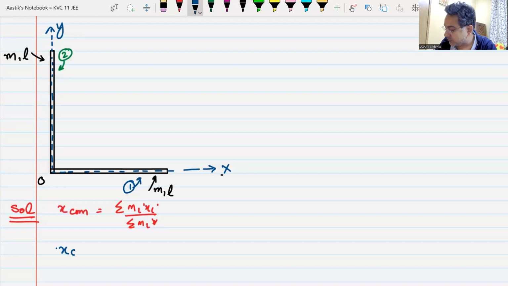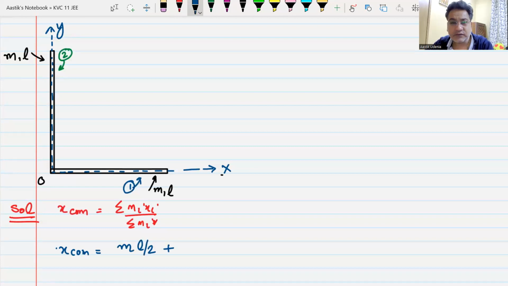For the x position of center of mass, m1 into x1. Where is the x coordinate of the center of mass of the first rod? It lies at the center. No one remembers it. m into L by 2.